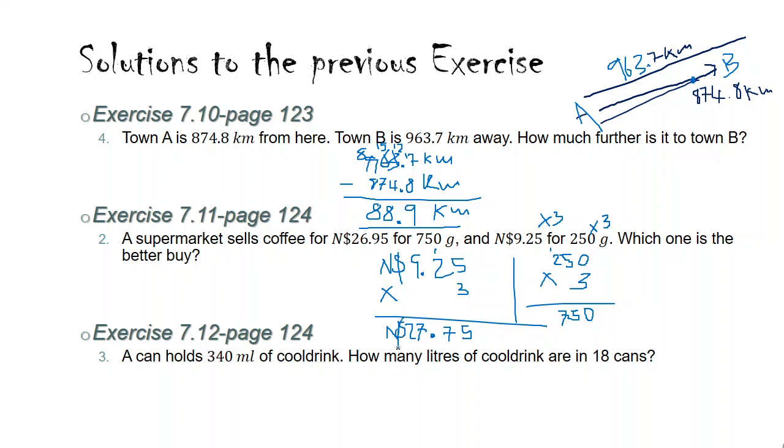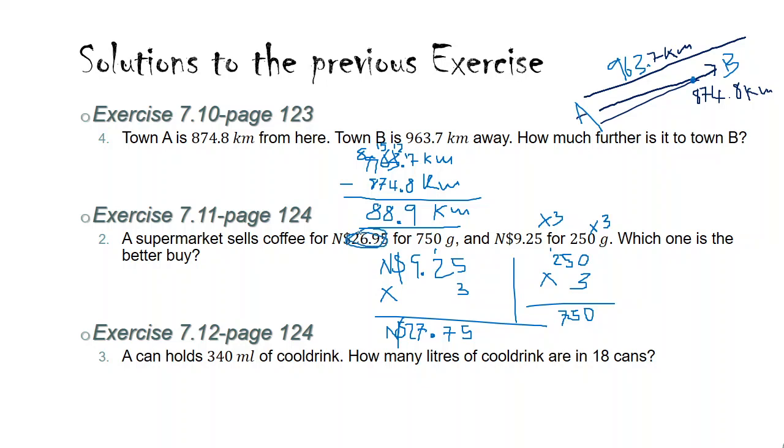So you can see that for this coffee, if the 250 gram costs $9.25, then the 750 gram costs 27, which is more than this one. So this one is the best buy, the cheapest one.